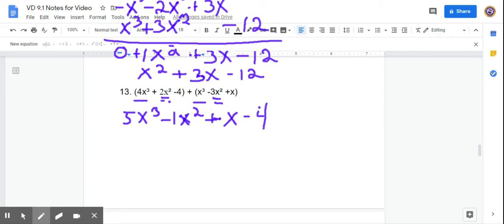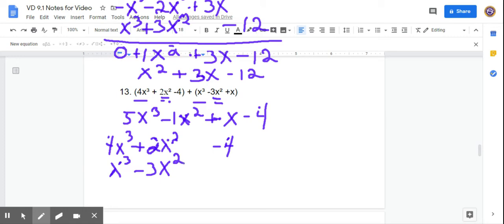Now, if you wanted to do it vertically, we would take 4x cubed plus 2x squared minus 4. Now, I'm going to put the minus 4 over here because I know I have an x term in that next equation. So x cubed is going to go here underneath the 4x cubed. Then we have negative 3x squared. And then we have plus x.